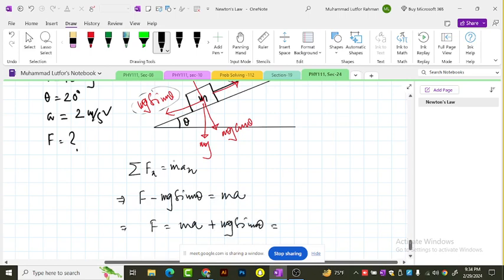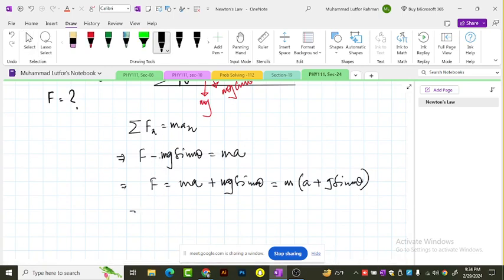You know everything, you know the mass, or you can factor out this m. If you factor out the m, it should be a plus g sin theta, right? So then you can find this force F should be 802.76 Newton.